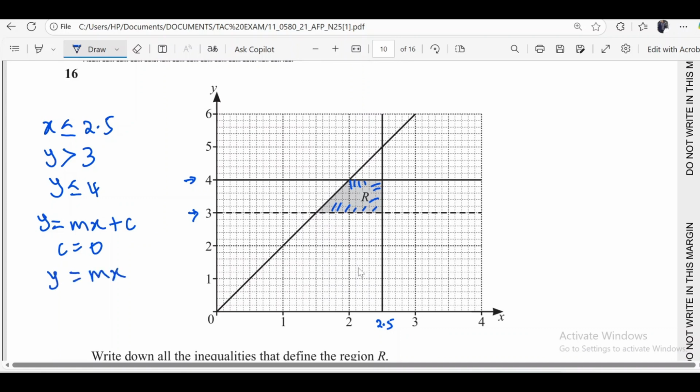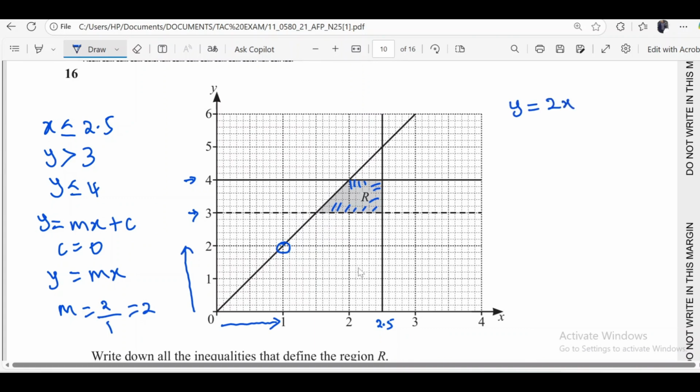So we need m, which is rise over run. I can pick here. It rises by 2, look at the rise, 2, and look at the run, 1. So that gives me 2. So the line as an equation is y equals 2x.